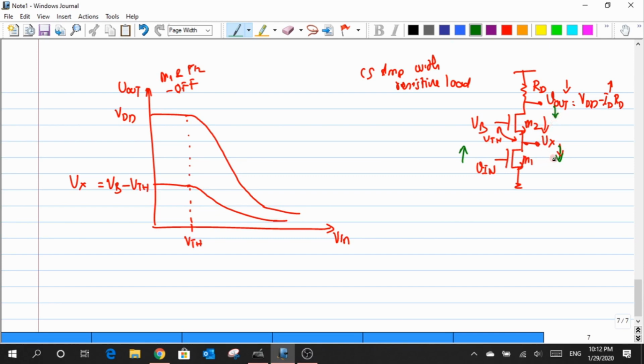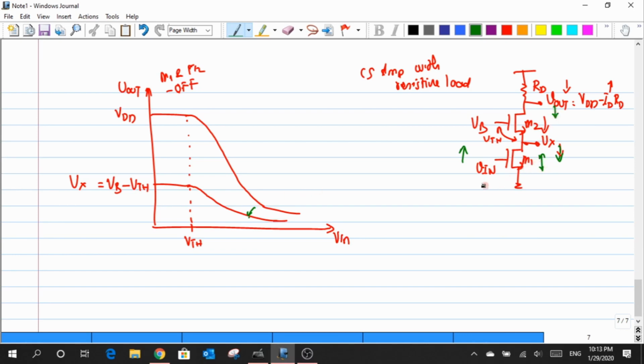Let us assume that the drain of M1 is stepping down such that it doesn't have enough VOV across the drain to source, I just got a value of VDS that is less than the value of VOV1. In that case, my transistor M1 would enter into the linear region first.